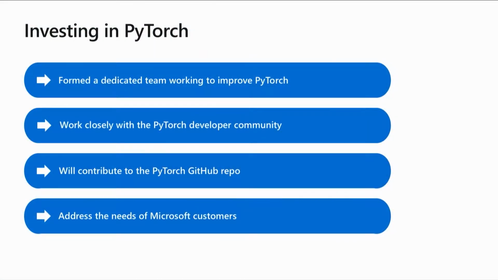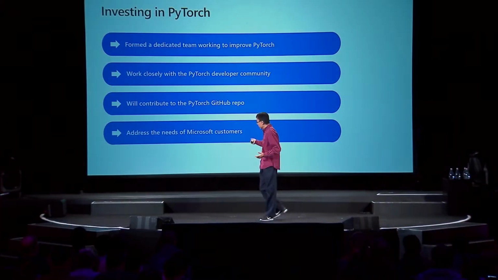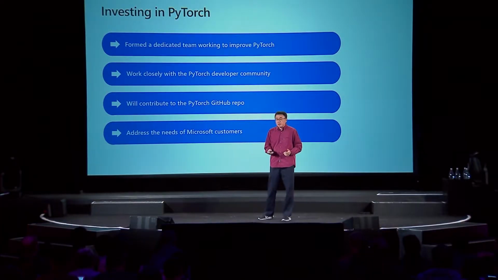The first thing is we formed a dedicated PyTorch team. We work very closely with the PyTorch developer community, and will contribute any good things into the PyTorch GitHub repo. And obviously, we also want to address all the needs of Microsoft customers.